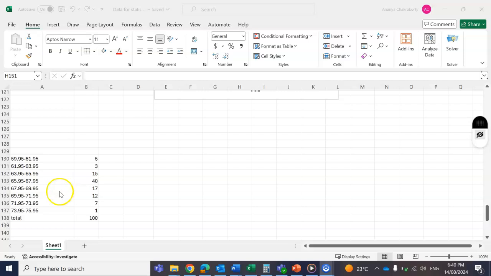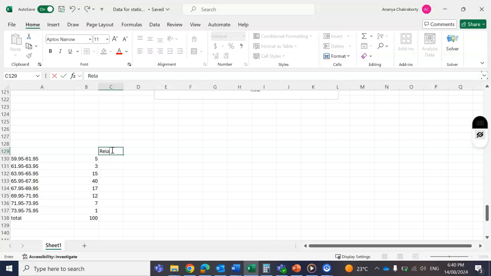So we have the given data here, and first we will calculate the relative frequency. The relative frequency is the current value divided by the total value, which is 100, so 0.05.